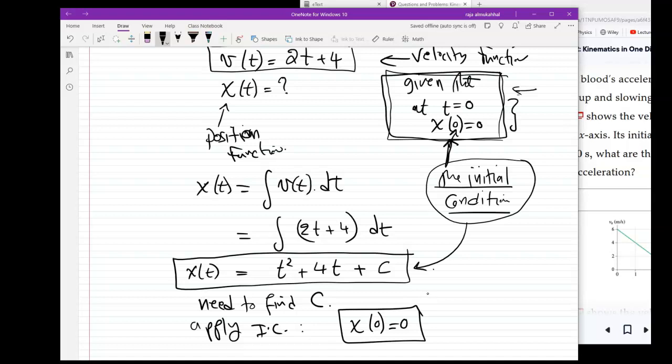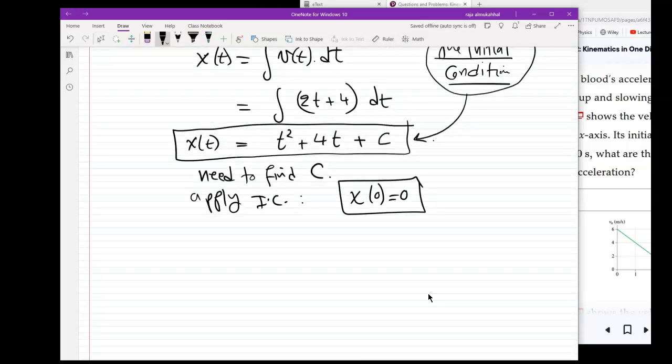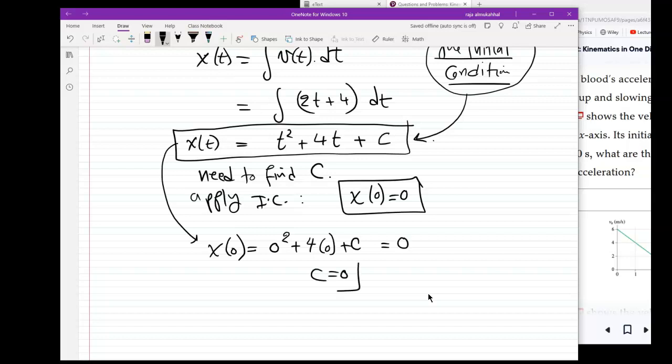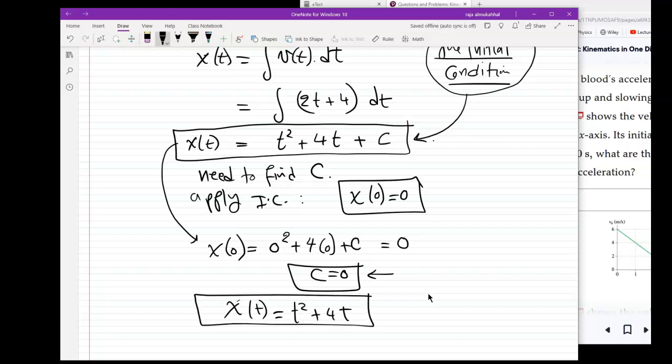So I need to go back to this one. x of 0 equals 0 squared plus 4 times 0 plus c equals 0. Well, I'm going to get c equals 0. So at least I know c is 0. Therefore, my final answer, x of t, will be t squared plus 4t. And there we go. Here is my position function.